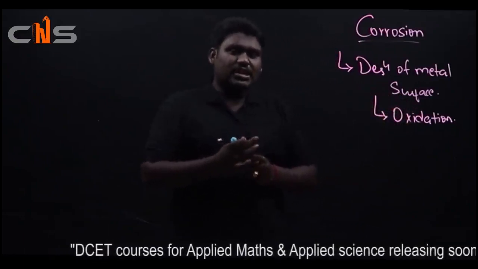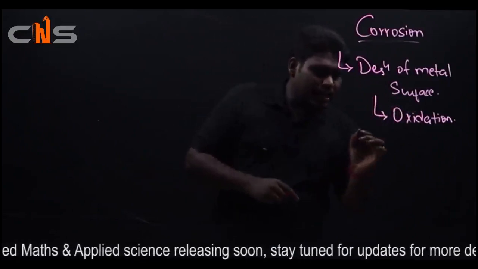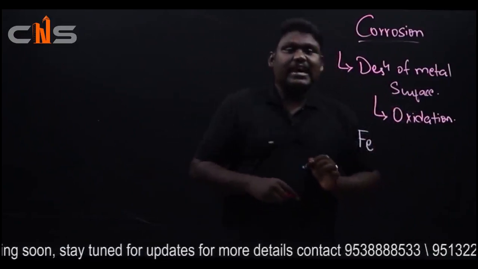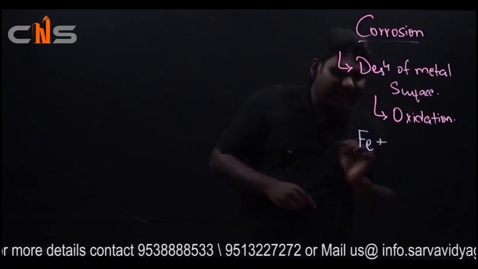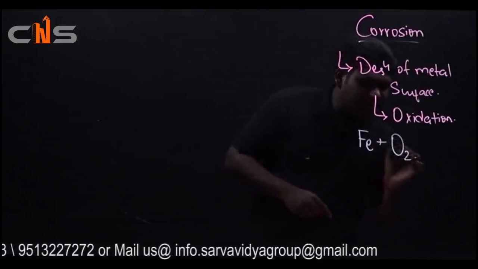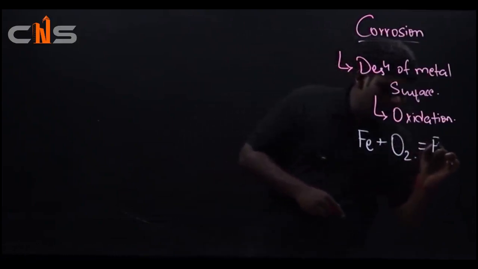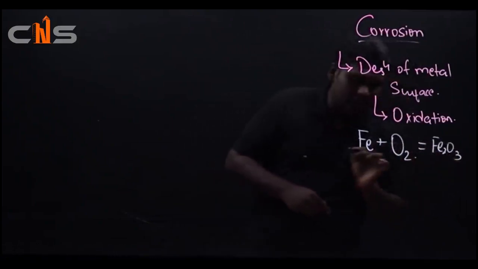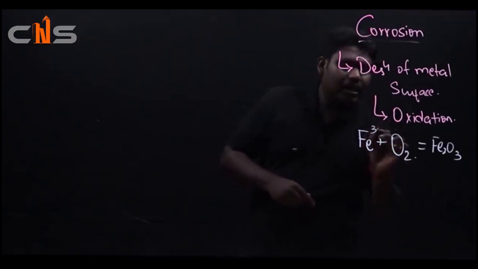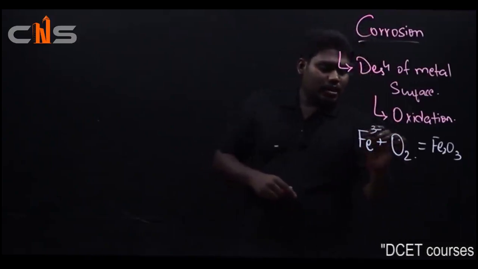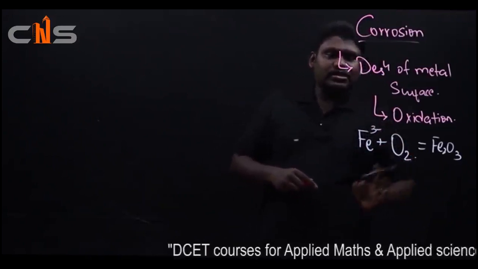So how does oxidation occur? When a metal like iron is exposed to atmosphere, it reacts with the oxygen atoms that are present in the atmosphere, and this forms Fe2O3. So iron has 3 electrons that are free to move and oxygen has 2.